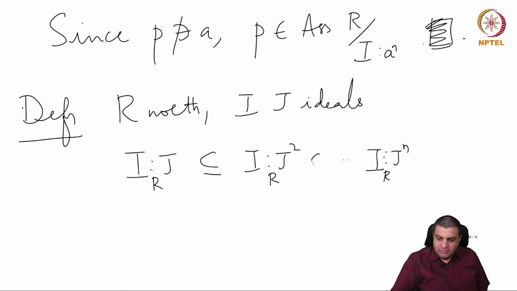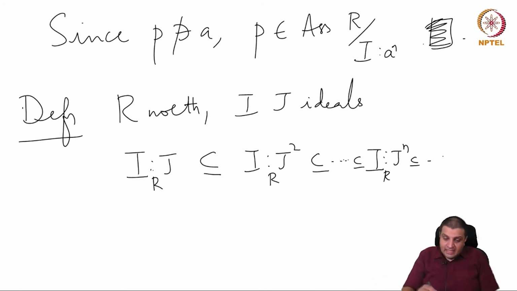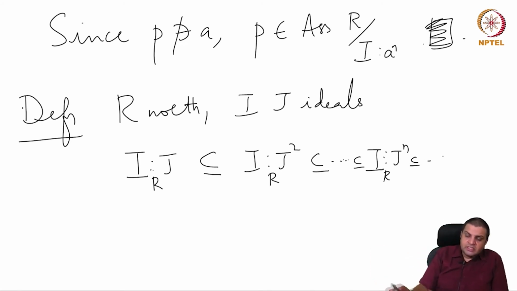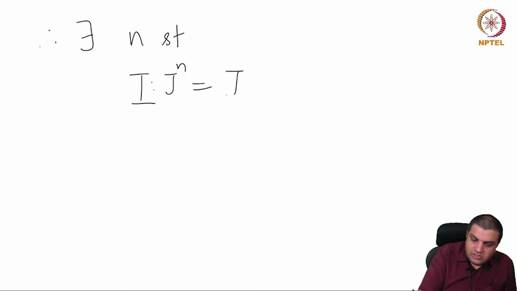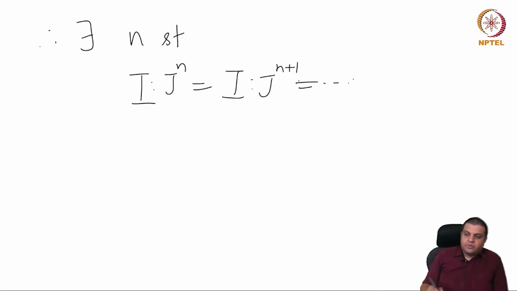So, we have an ascending chain of ideals in R, so it must stabilize. Therefore, there exists n such that I colon J to the n equals I colon J to the n plus 1 and so on. So, there is a stable value.